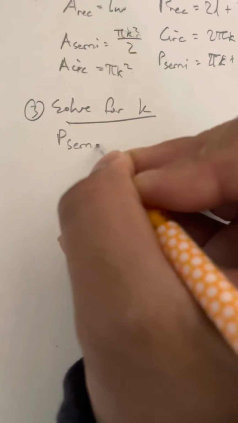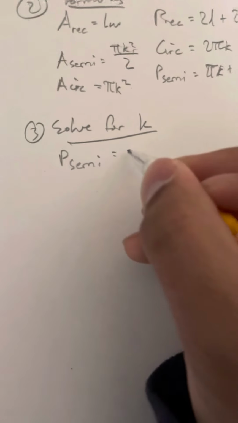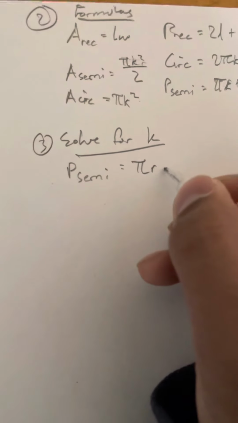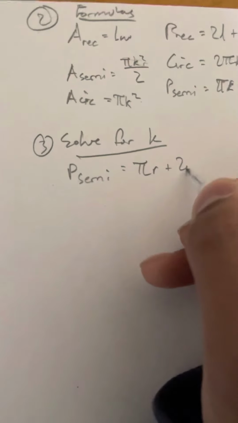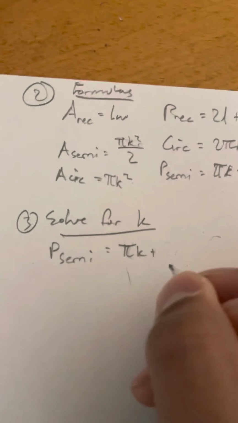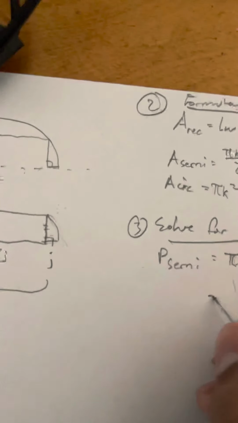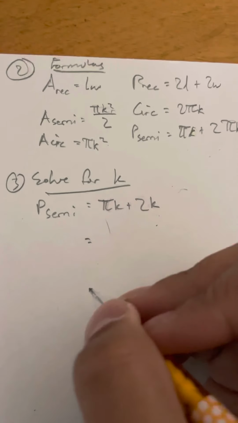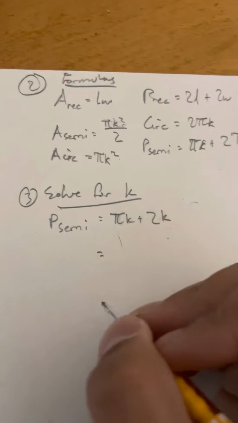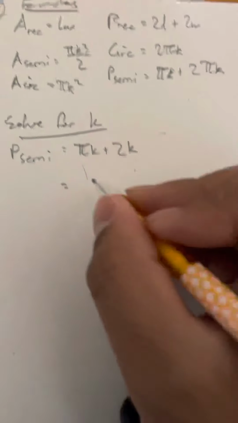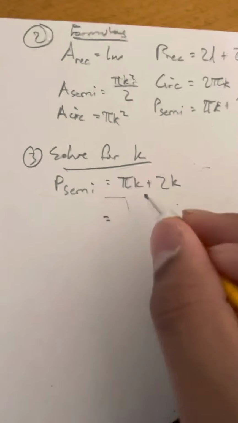I'm going to use the perimeter of the semicircle first. This is probably the easiest way to solve for r or k algebraically, or at least in my opinion, this is the easiest way to solve for k. So this is essentially pi times k.